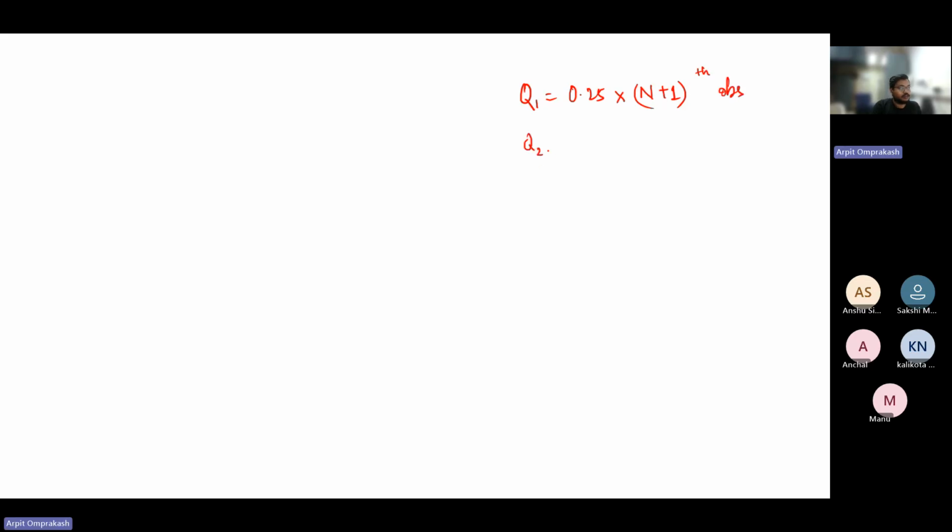Q2 is our median, 0.5 into n plus 1 at observation. Basically what this means is 25% of the data is below this point, Q1. For the median, 50% of the data is below this point and the other 50% is above it. And Q3 means that 75% of the data is below this point.